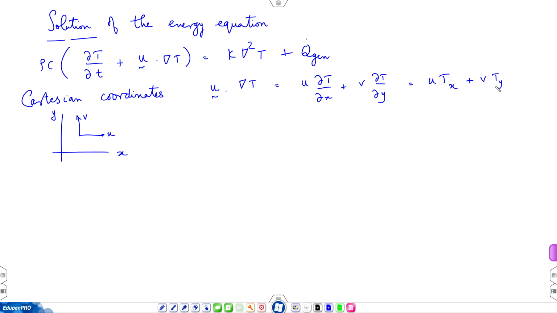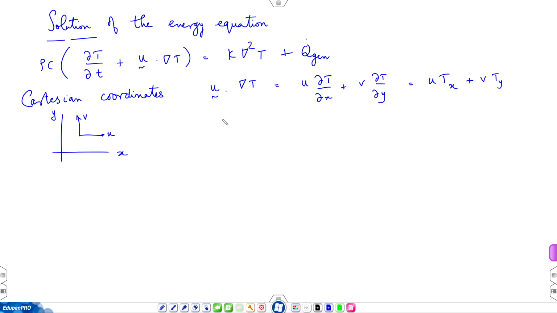So, u superscript r will be velocity in the radial direction, but do not use it as a suffix. So, suffix is reserved for partial differentiation. So, here u T_x, v T_y, T_x is this partial derivative.